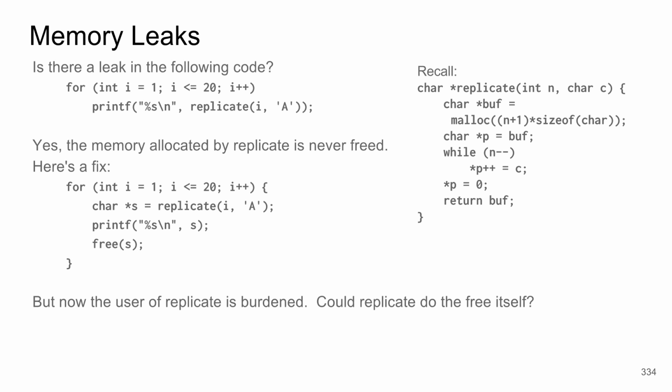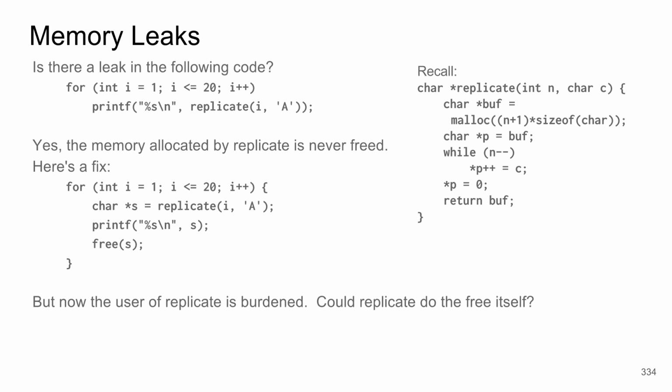No, there's not, because you wouldn't be able to return anything to free. Right, exactly. We could technically malloc it and free it in here, but that memory we just freed within replicate is no longer valid. So if we return it, we might get an error when we're using it within our loop.